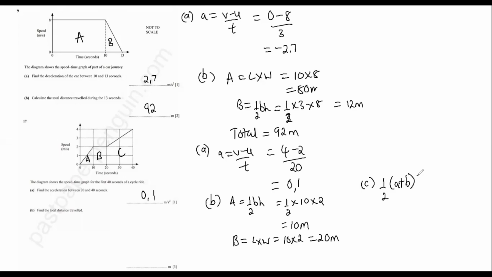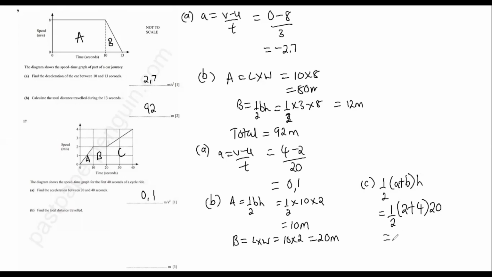What is our A, our B, and our height? Our A is 2, our B is 4, and our height is 20.